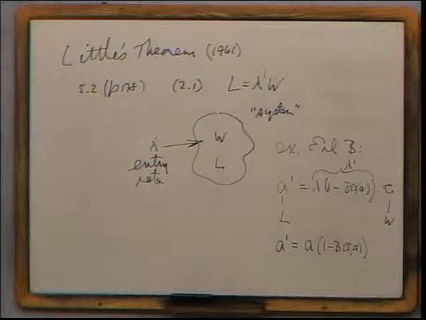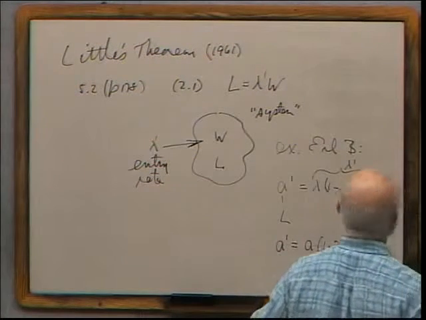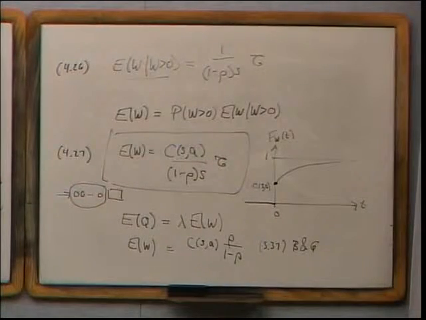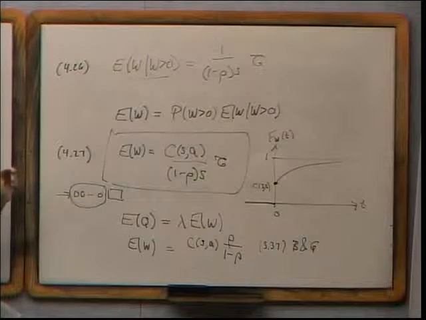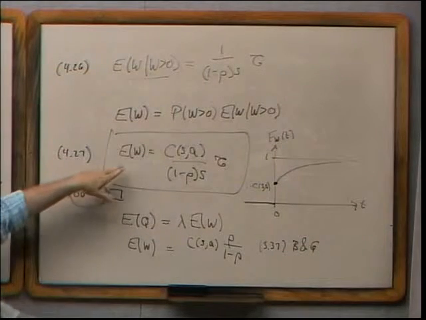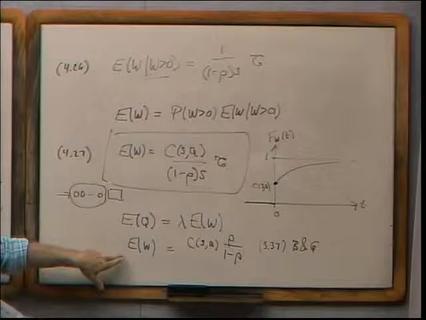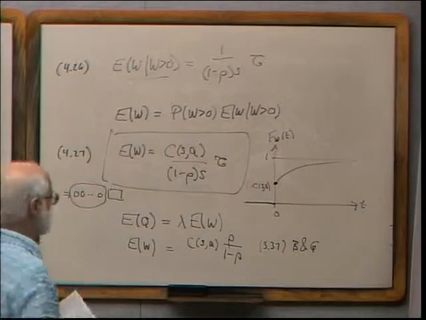Okay, let's look back at some other applications of Little's theorem to the Erlang delay model. So first of all, using Little's theorem, we were able to go from the average waiting time to the average queue length. Did I make a mistake here? Wait a minute. Let's see.